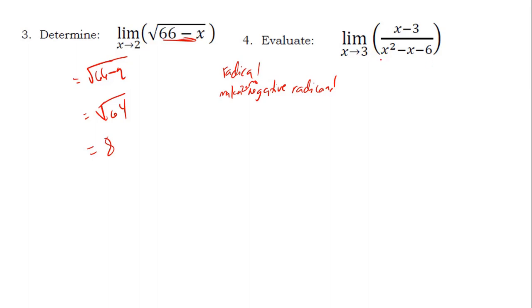So let's try. Substitute 3: 3 squared minus 3 minus 6. This is 9 minus 3 minus 6, so 9 minus 9 is 0.